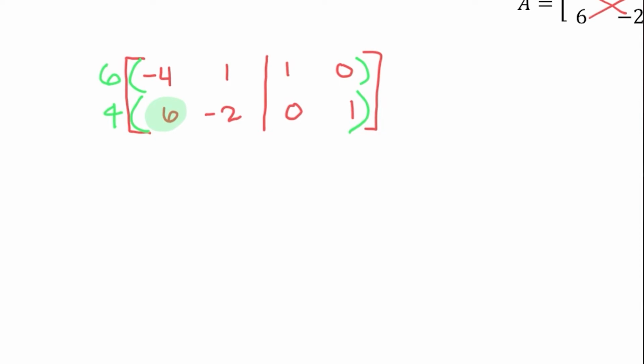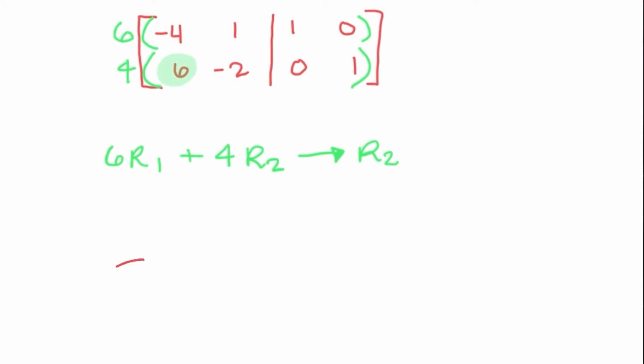So what I'm going to do is write this as 6 times the first row plus 4 times the second row. And this is what we're going to use to change the second row specifically. So when I rewrite this matrix, the first row is going to stay the same. I'm only changing the second row. So this is going to stay -4, 1, 1, 0.